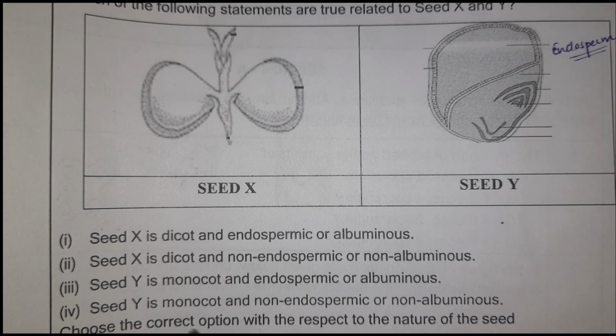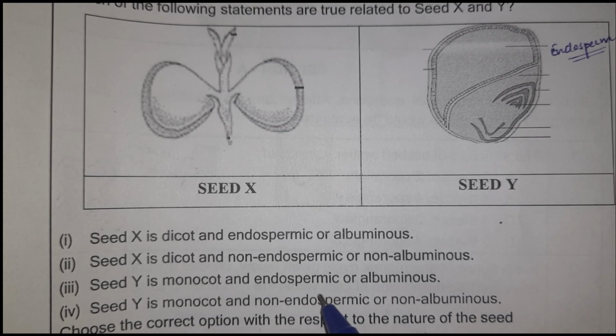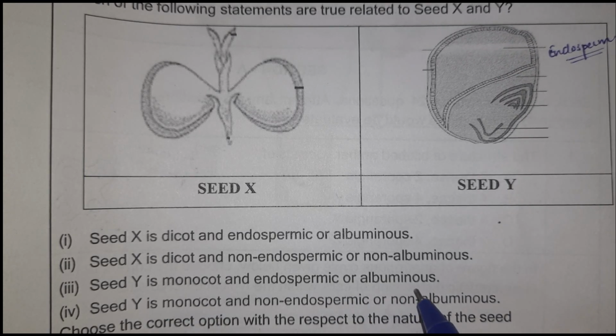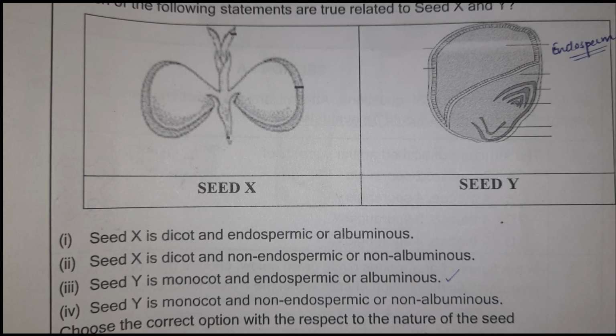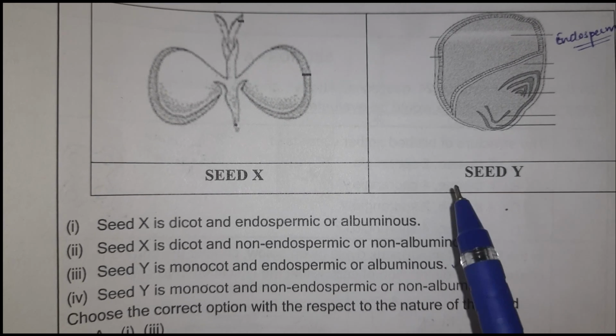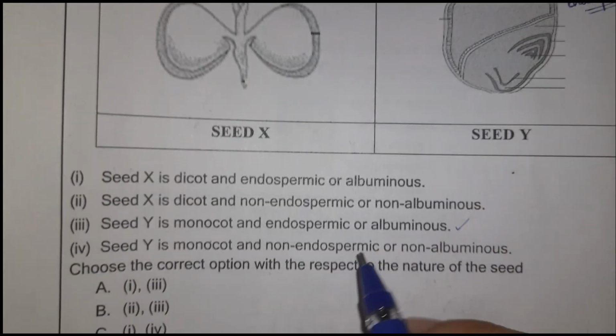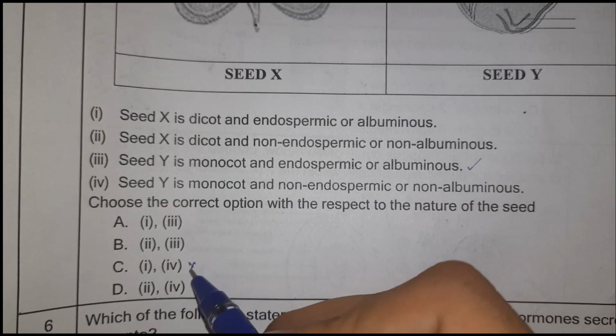So this is a monocot seed and is endospermic or albuminous. So this option will be correct. Now we can eliminate the third and fourth options.